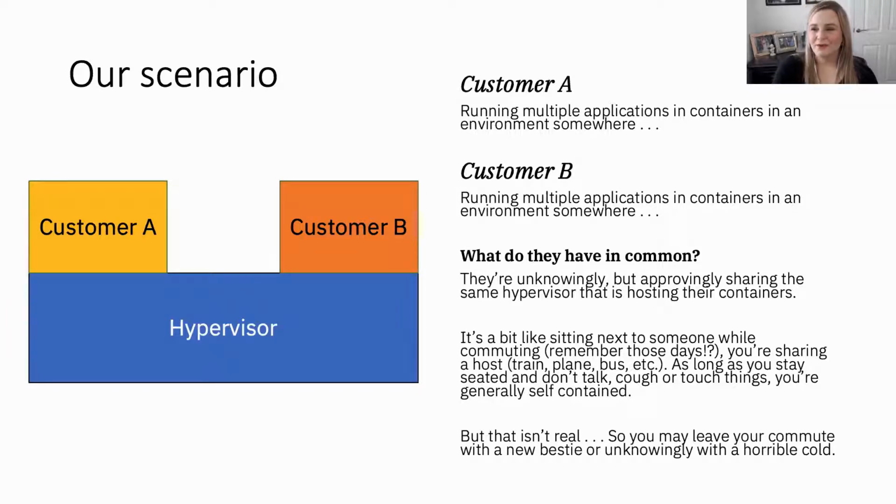We also have customer B running some number of applications, probably in containers and an environment somewhere, also running on a hypervisor. Whenever we log into a cloud provider, we often don't think about the fact that we actually are running on a shared system. So unknowingly, we have in common with whoever else is on a hypervisor, that same hypervisor that we're all hosting our applications on.